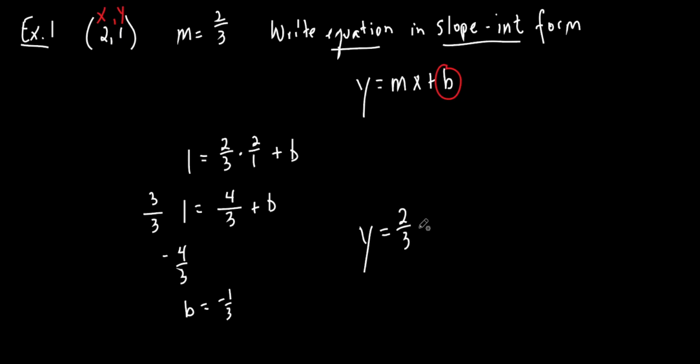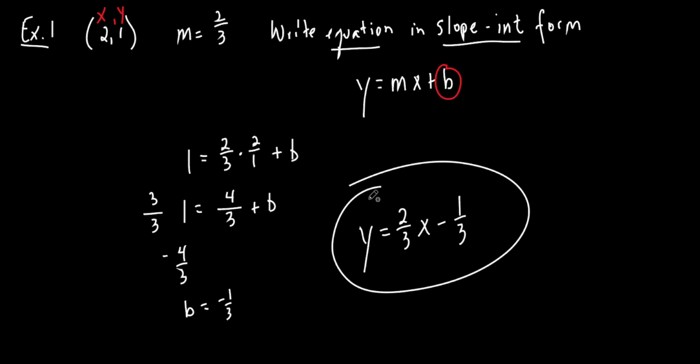That was 2/3. And then you write the letter x, and then you put the b. What did we find the b to be? Negative 1/3. So we put minus 1/3. So there you go. So that is the equation of a line that goes through a point, and they tell you the slope. Make sense? All right.